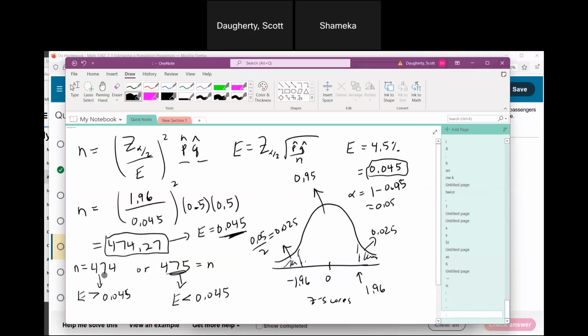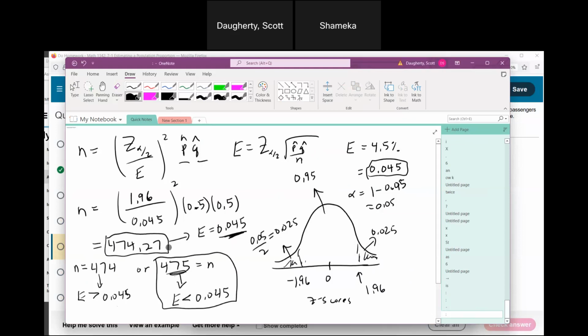And if I go down with n, right, if I let n be a little bit smaller than this number, then I'm dividing by a smaller number, and the error is going to go a little bit up. So that's why it's going to be a little bit bigger than 0.045. So the answer is I need the bigger one. I need n to be a little bit bigger because that forces the margin of error to go a little bit down because I want it to be within 0.045, right?